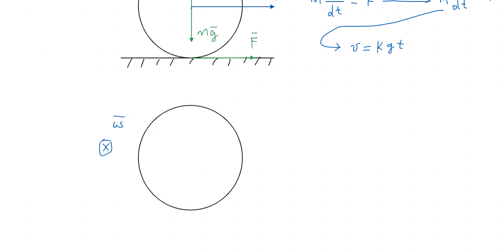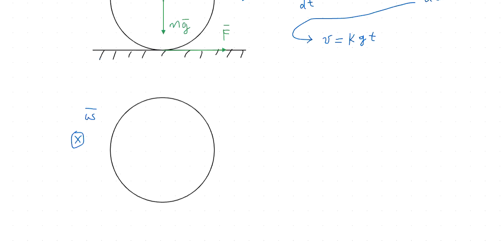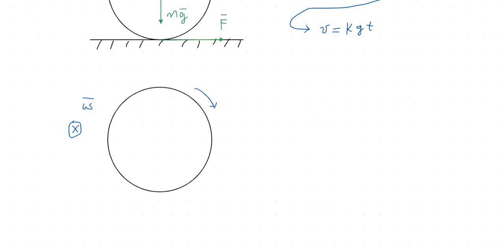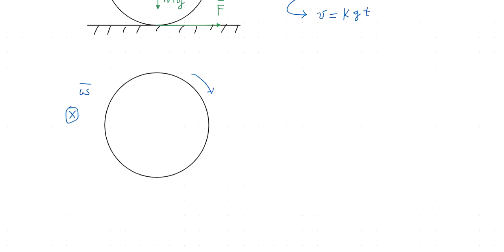Angular velocity omega. So the direction of rotation is here. And in this case the radius of the cylinder, according to the condition, is r.